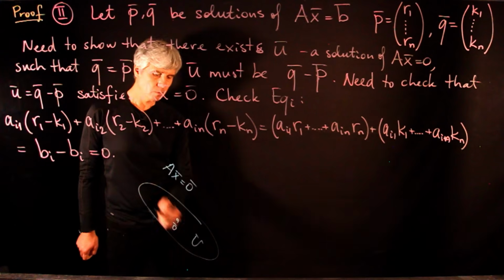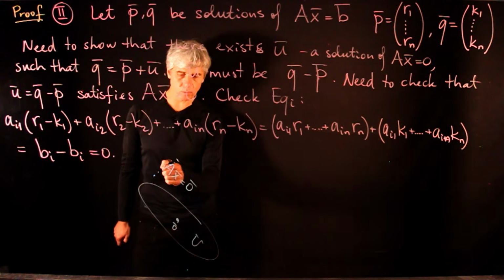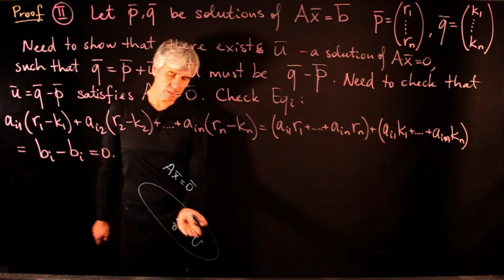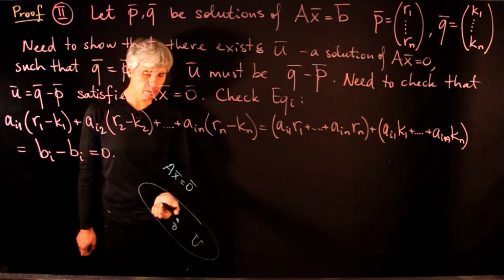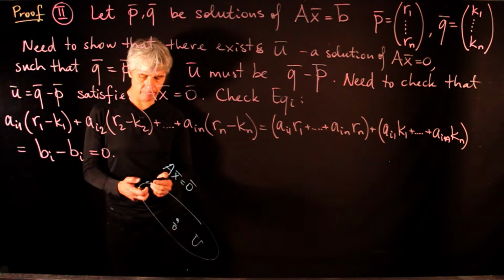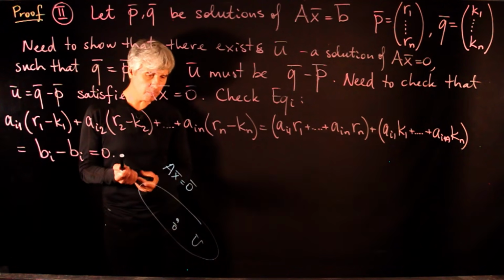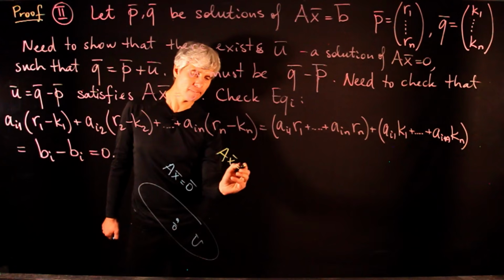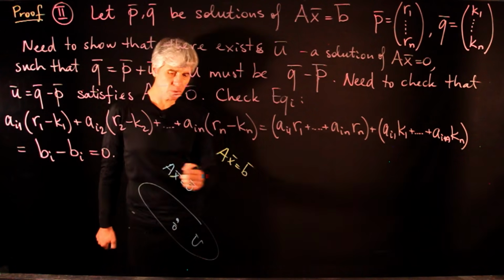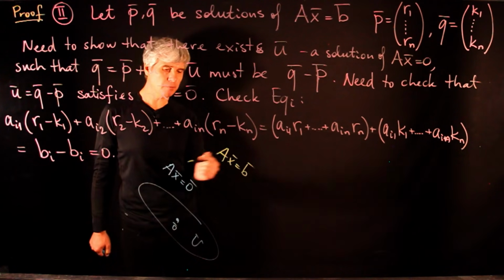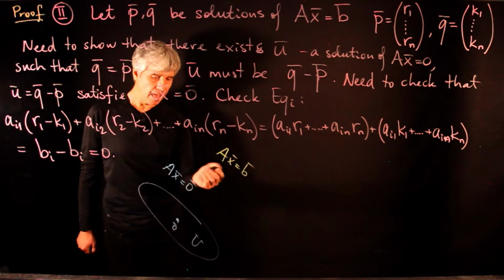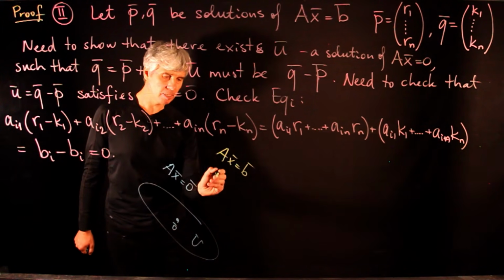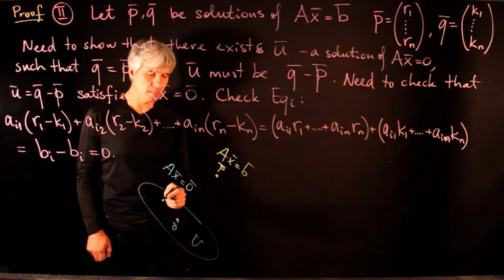So here we have the solution set of Ax equals 0, and it will be a subspace in the space Fn. Now, if we consider a new system, Ax equals b, so now the same coefficient matrix, different right-hand side, and we assume that this system is consistent, so it has some particular solution p.